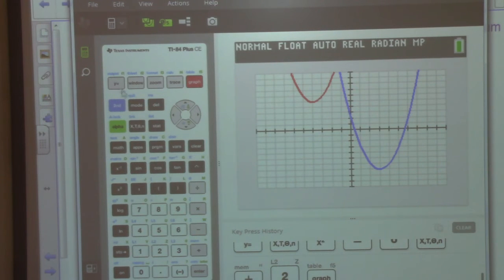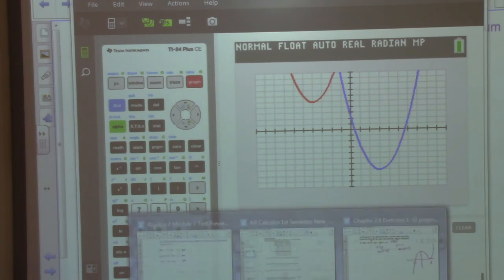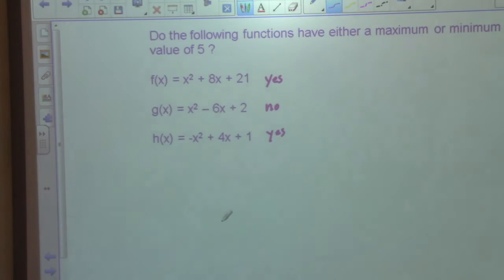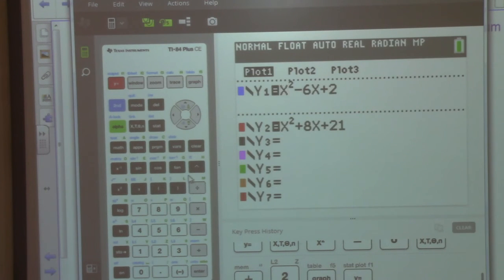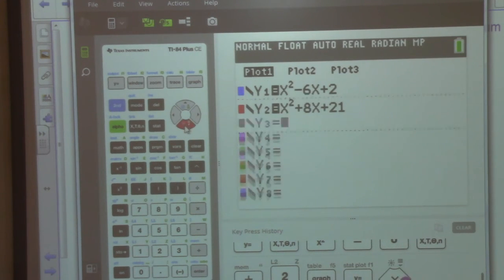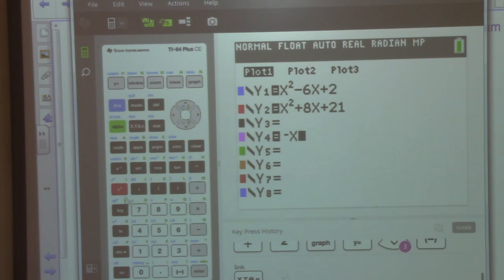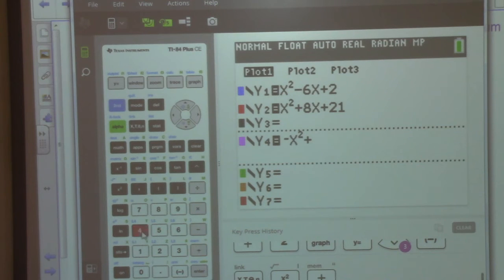And then the last one we have is negative x squared plus 4x plus 1.